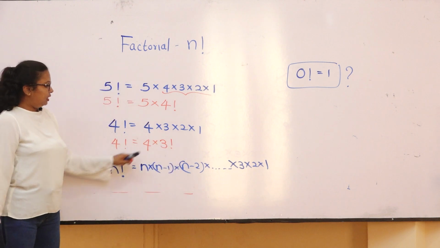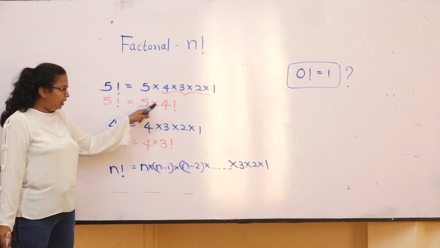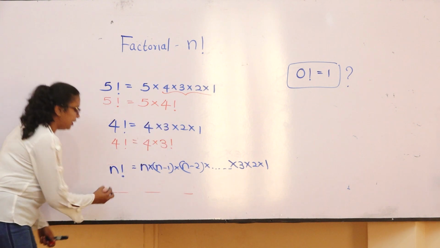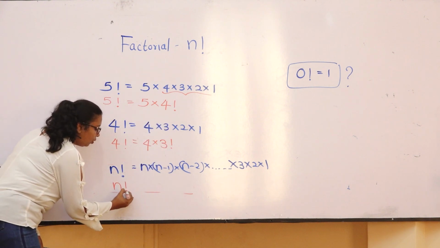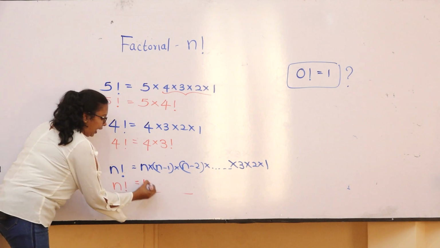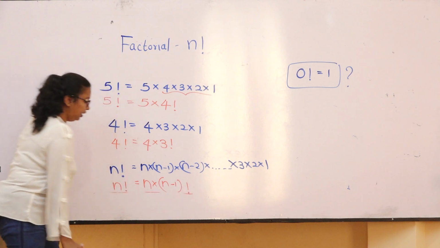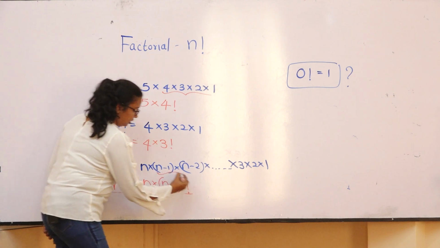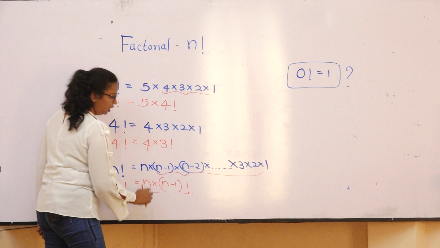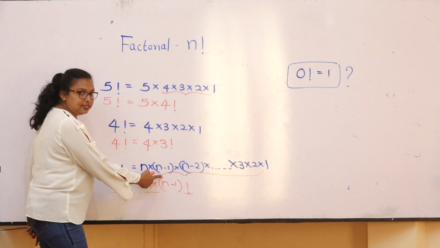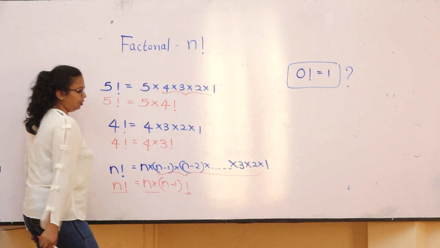I hope you can understand. See, 5 into 5 minus 1 factorial, 4 into 4 minus 1 factorial, like that. This will be n factorial is equal to n into n minus 1 factorial. Why? This is n, and here you have the product of all positive integers from 1 to n minus 1, that means n minus 1 factorial.